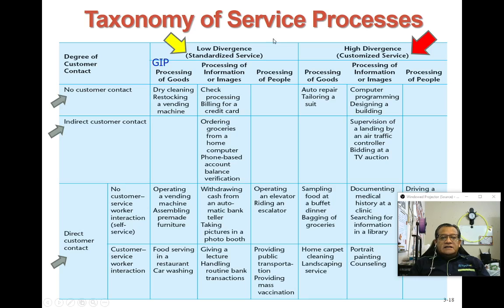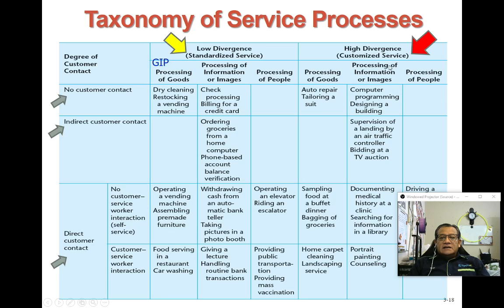Okay, this category is all explaining the low divergence, which is a standardized service in which many people could have the service within the same format as other customers.